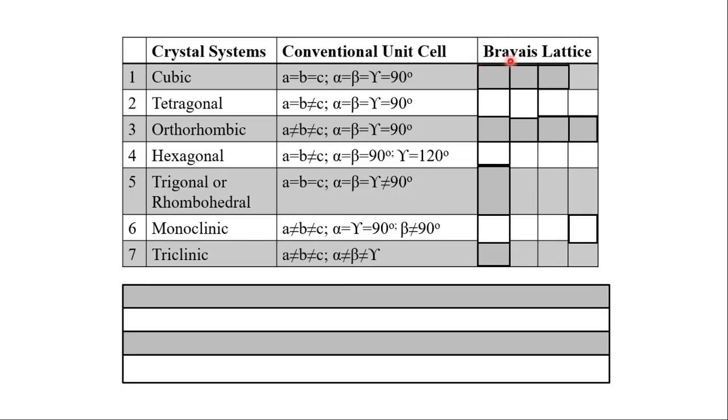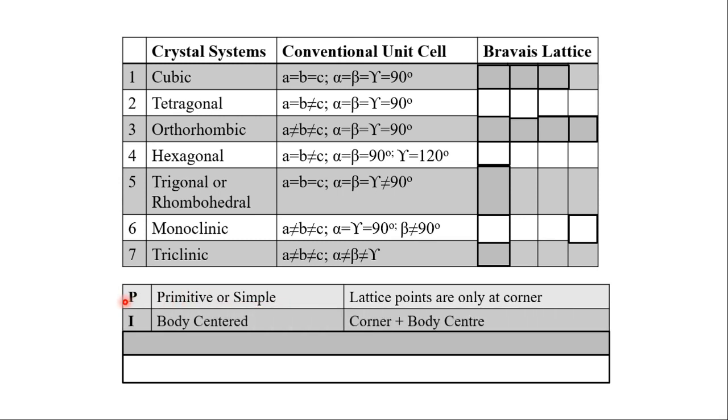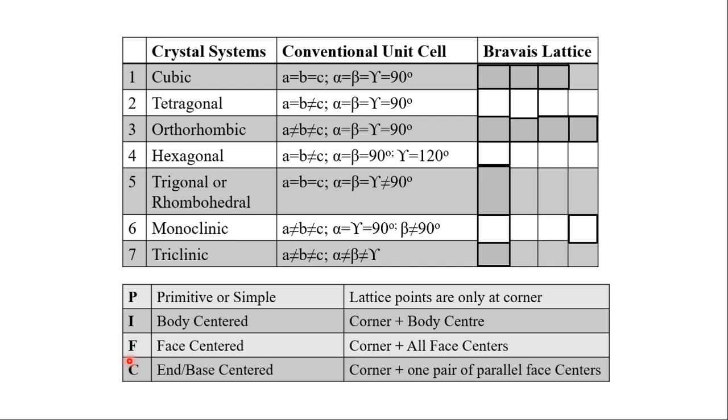Let's go through the 14 Bravais lattices with respect to the 7 crystal systems. Here, capital P represents primitive or simple type of lattice. Capital I indicates body-centered lattice. Face-centered lattice is named by capital F, and capital C is used to name the end-centered lattice if end centers are marked on top and bottom faces.